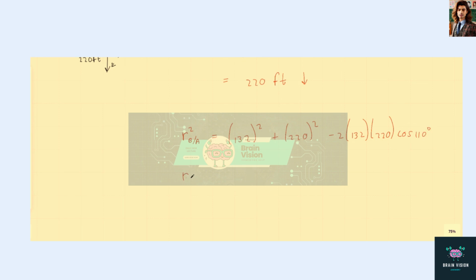And so we get the position of B relative to A to be 293 feet, which is the distance between the two autos.